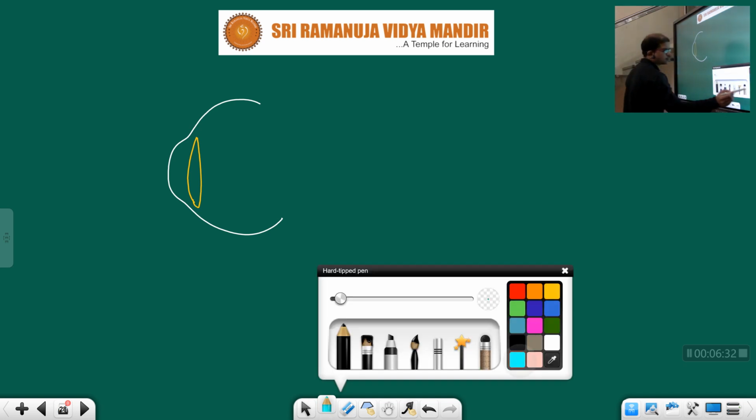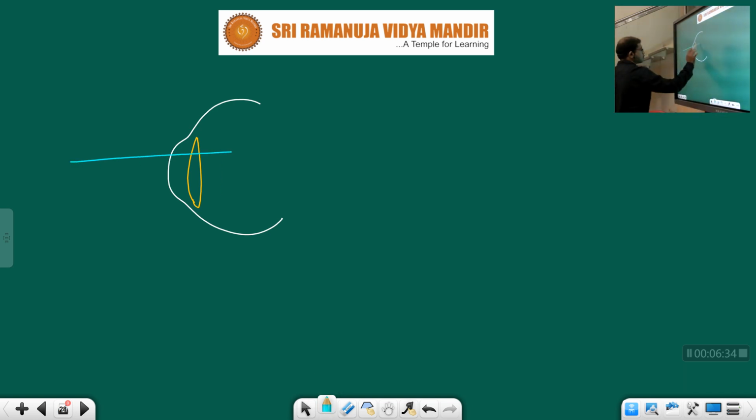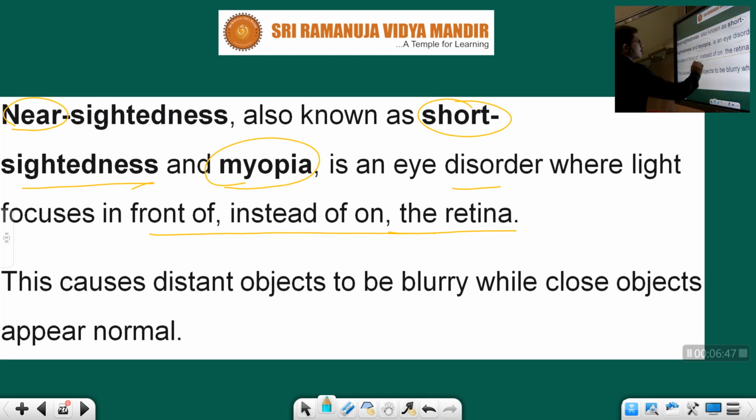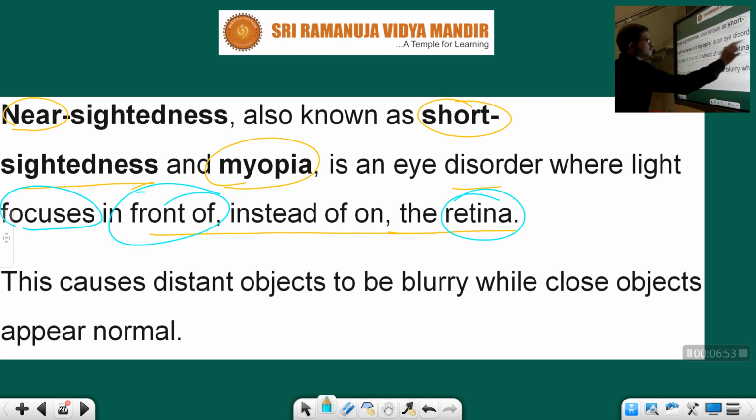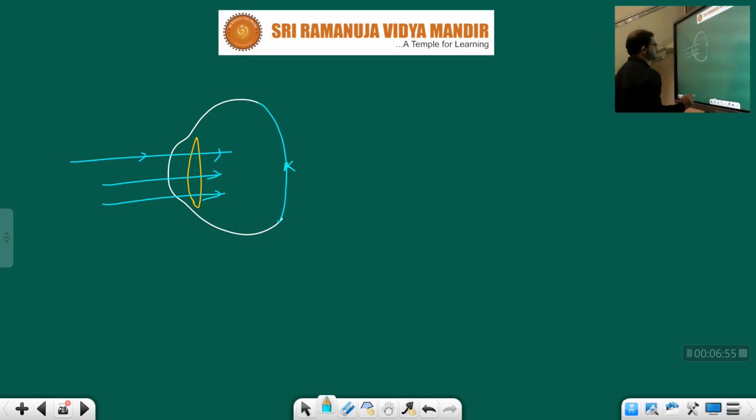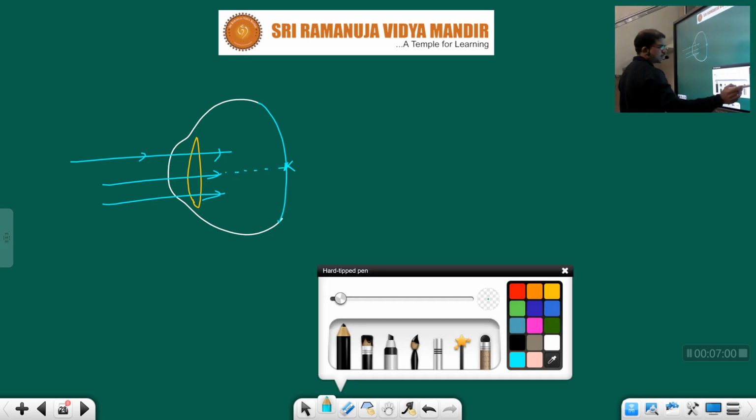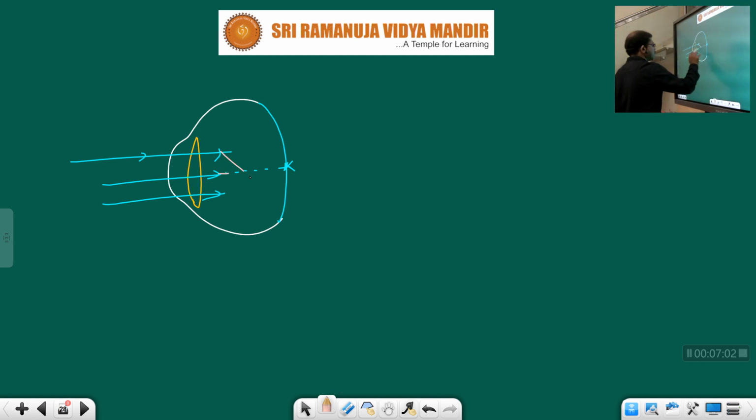So after refraction, where should the light rays meet, children? On the retina they should fall. Here they should fall actually. But see, children, where are they falling? Instead, they focus in front of the retina. Instead of falling here, they are refracting here.